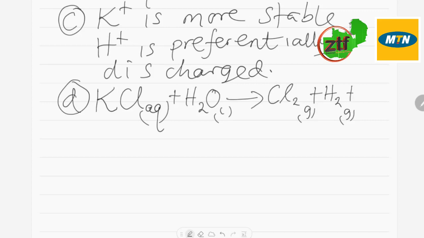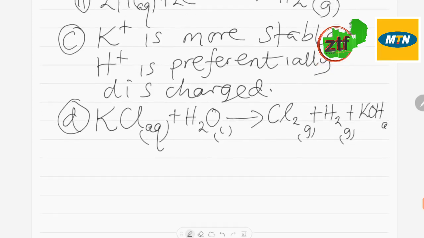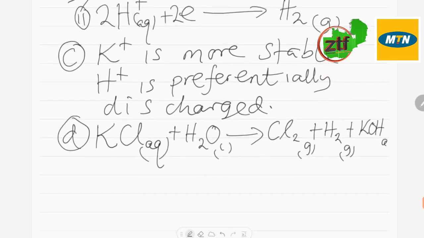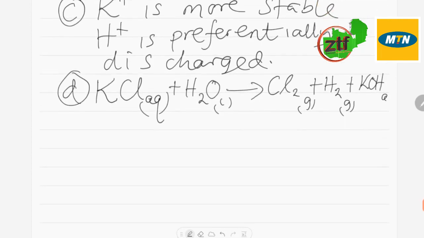Plus, remember in the solution we had the potassium that was not attracted to any electrode and also the hydroxide. So they'll form potassium hydroxide aqueous. Okay, this is AQ. So this is the overall reaction for the electrolysis of concentrated potassium chloride.